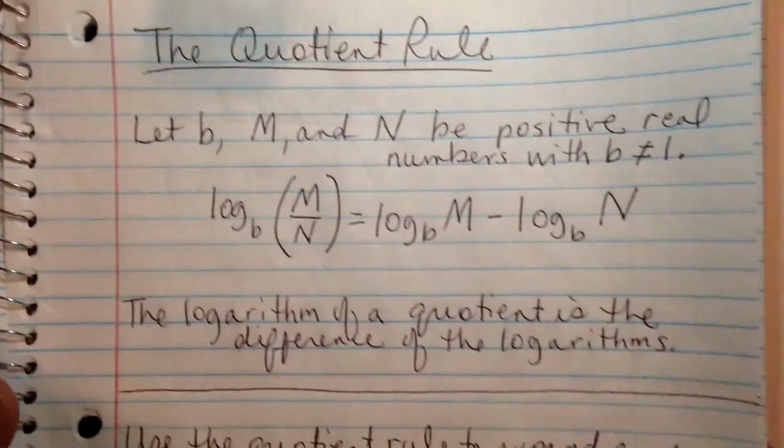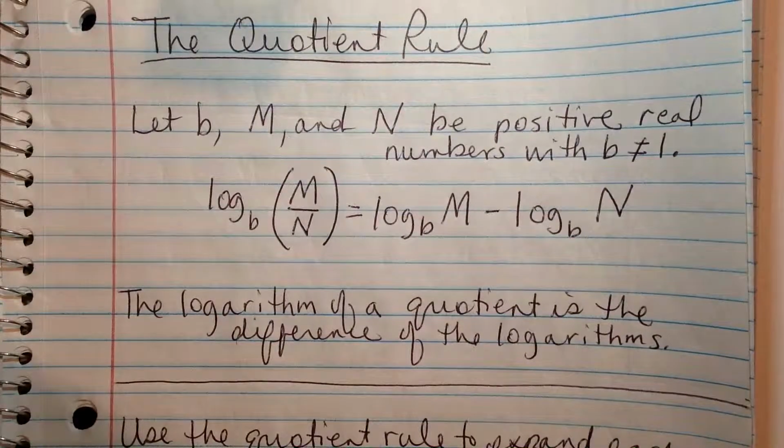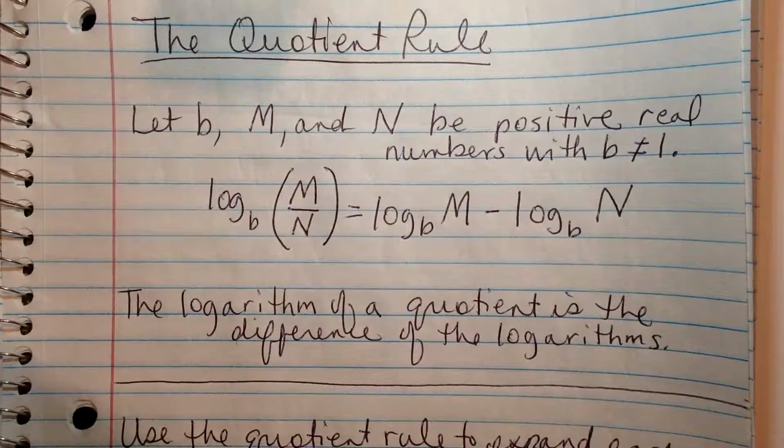Okay? So after the product rule, let's talk about the quotient rule. Remember, quotient means to divide. Product means to multiply. So here we have the quotient rule. Let B and capital M and N be positive real numbers where B cannot equal 1.